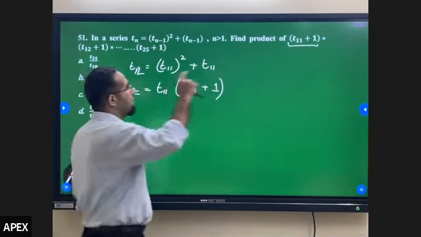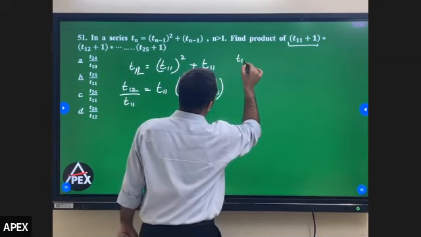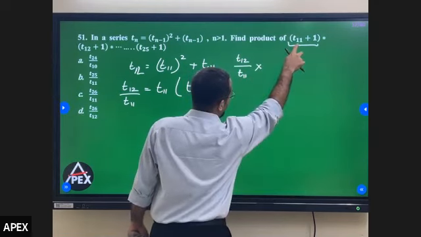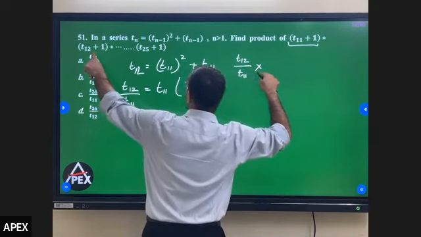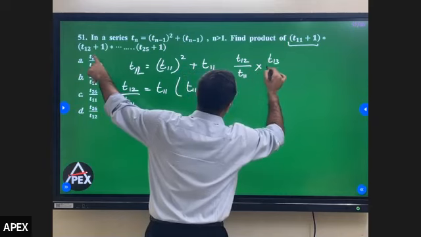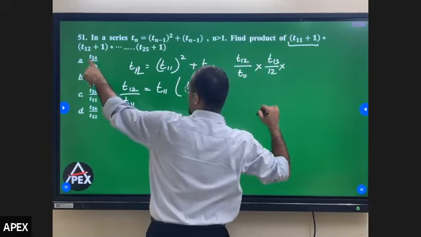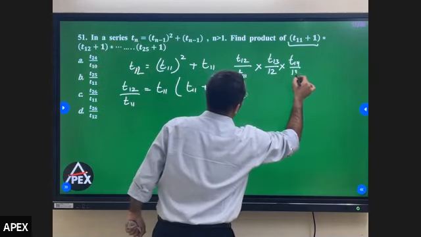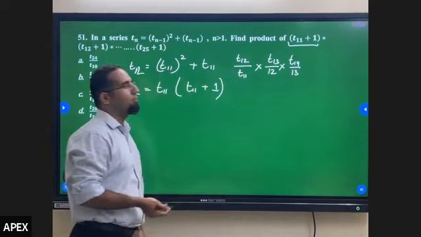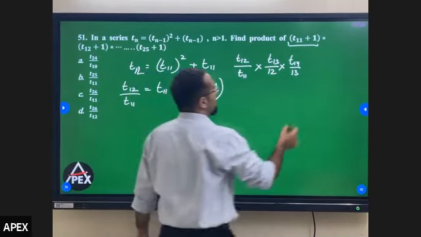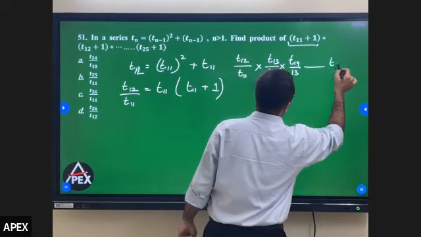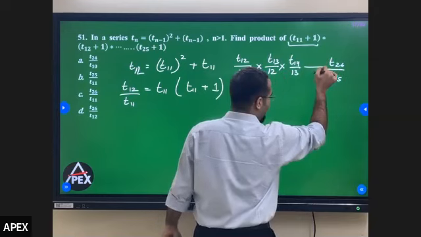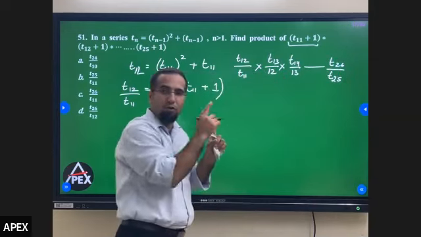So this term is T of 12 divided by T of 11. That means if it is 11, then 12 by 11. If it is 12, 13 by 12. Clear? If it is 13, 14 by 13. So you see that alternate terms will keep on getting cancelled. So what happens in the last term? T of 26 divided by T of 25. If you have a confusion, go back to one term before that also.